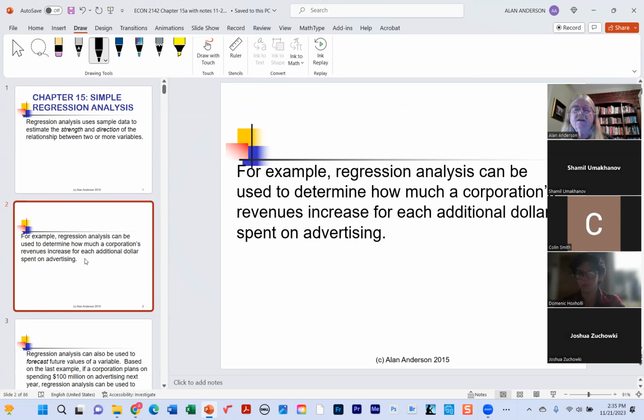In other words, they'd like to know how much each dollar worth of advertising is bringing back in revenues. How would you do something like that? Well, you're going to gather up data, and you're going to estimate a numerical relationship between the two, and you're going to find out pretty quickly if the advertising is paying for itself or not.